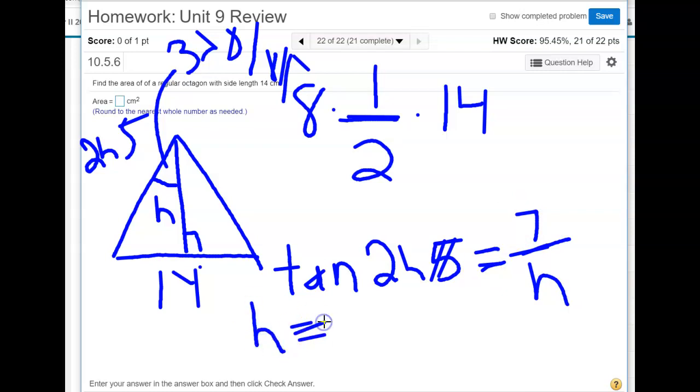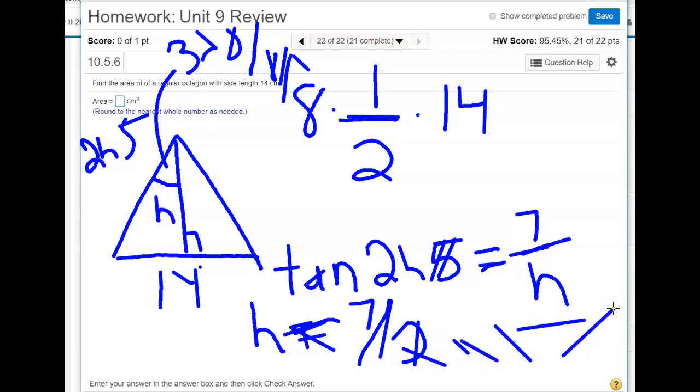H is equal to 7 divided by tangent of 22.5. I'm going to have to go buy a stylus. 7 divided by tangent of 22.5. I end up with a height of 16.899.